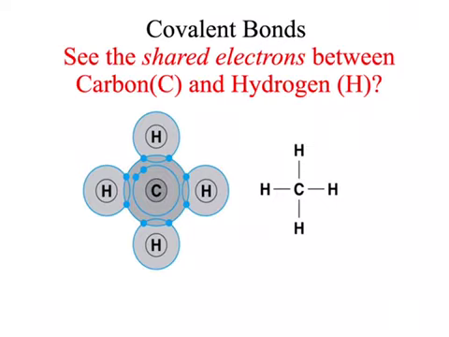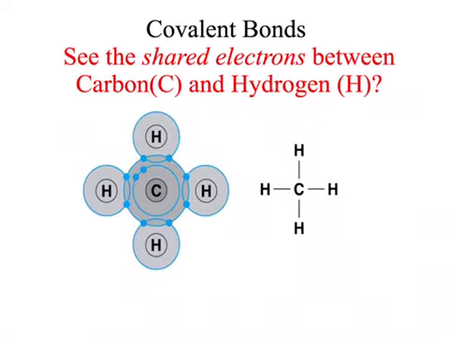Now, let's talk about the type of bond this is. Remember, carbon has 6 electrons because it has to have the same amount of electrons as it does protons. And hydrogen has 1, if you remember from the periodic table.